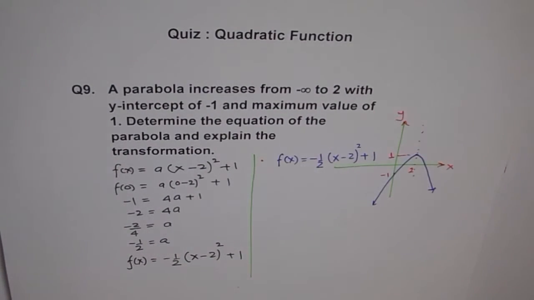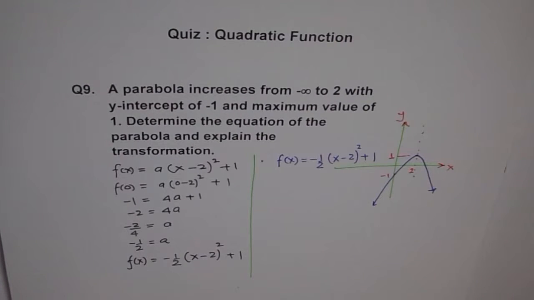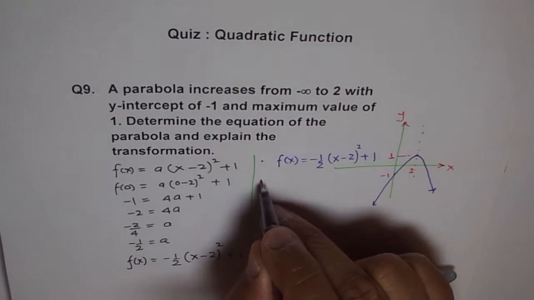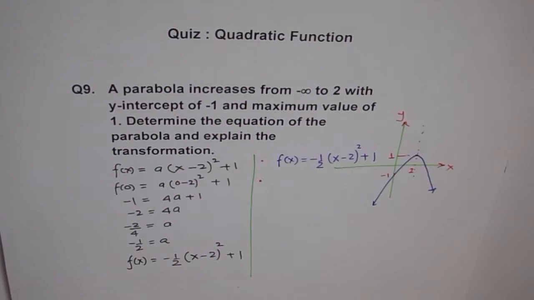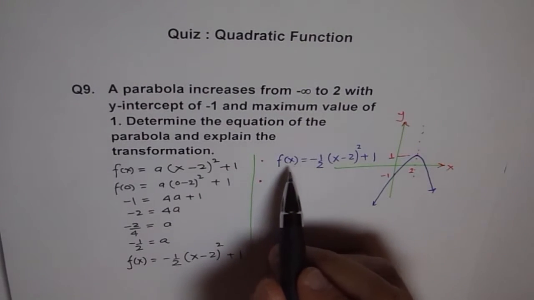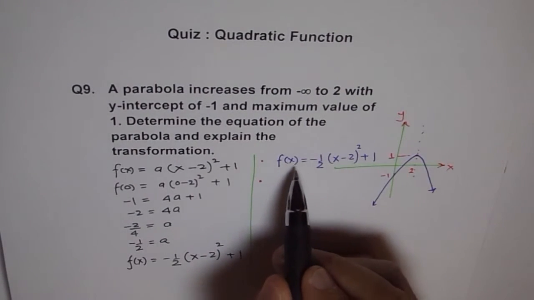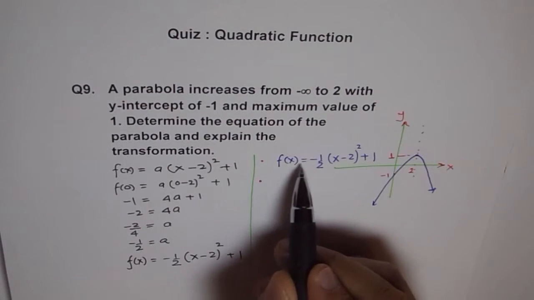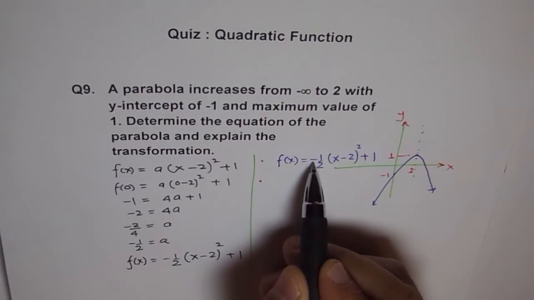Now we will write down the transformation. When you write the transformation, you should always write stretches and compressions first and then the translations. It's better to move from left to right to avoid any confusion.